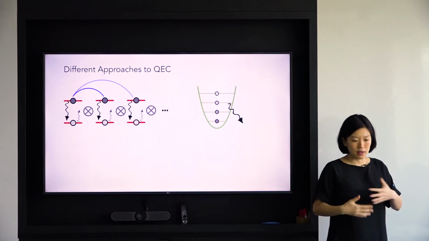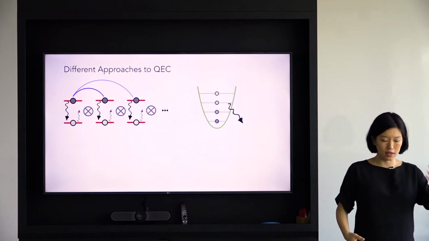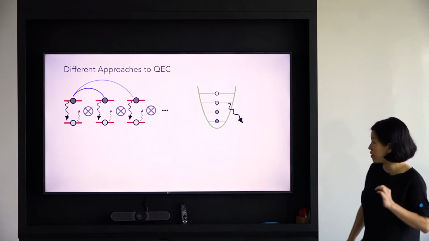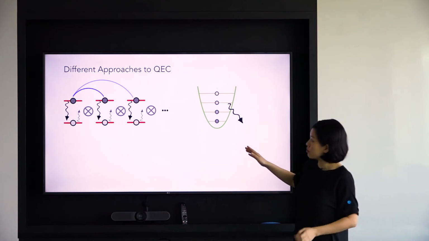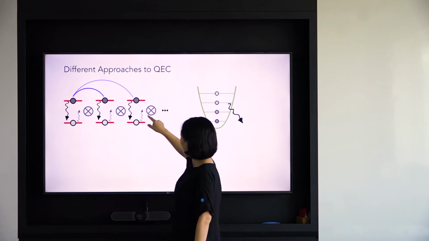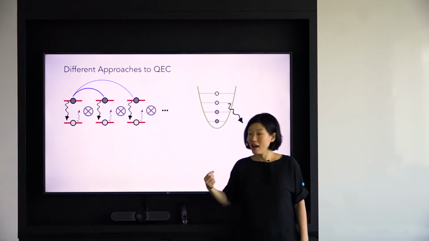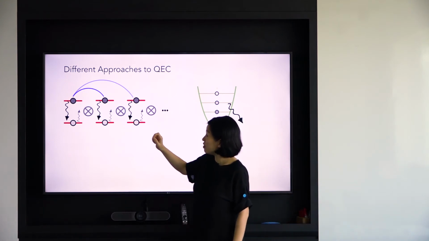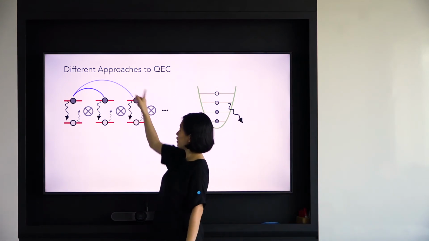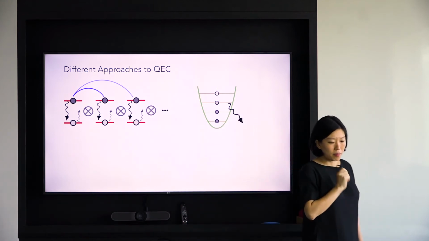And I want to do gates and controls between them such that I can implement some algorithms to protect this information. The problem with this is that with every additional element, I add more channels of errors happening, right? And I also add things that could be hard to correct, which is sort of interactions that are unwanted between them.